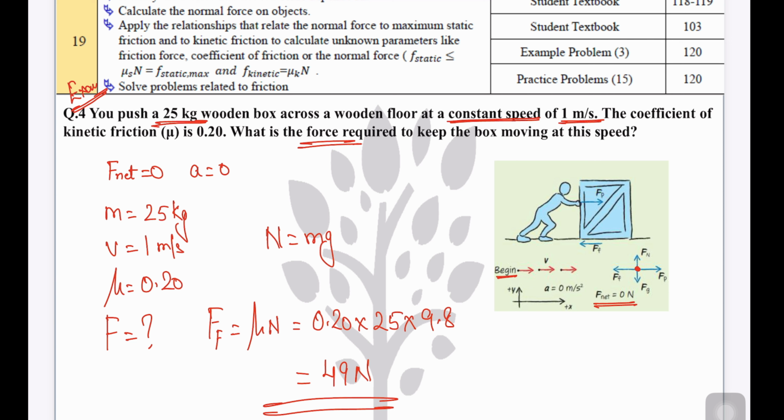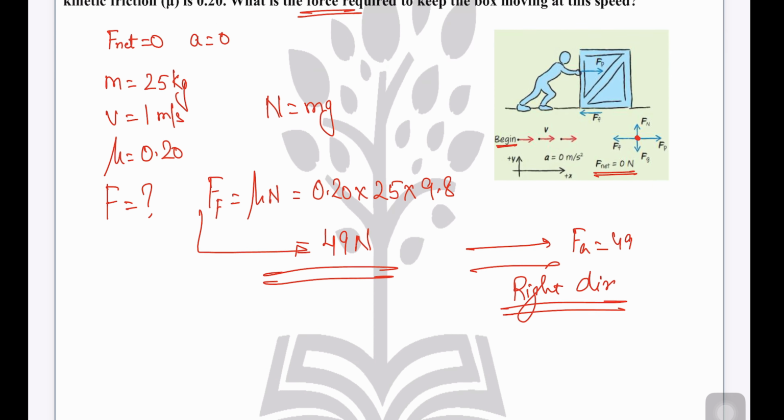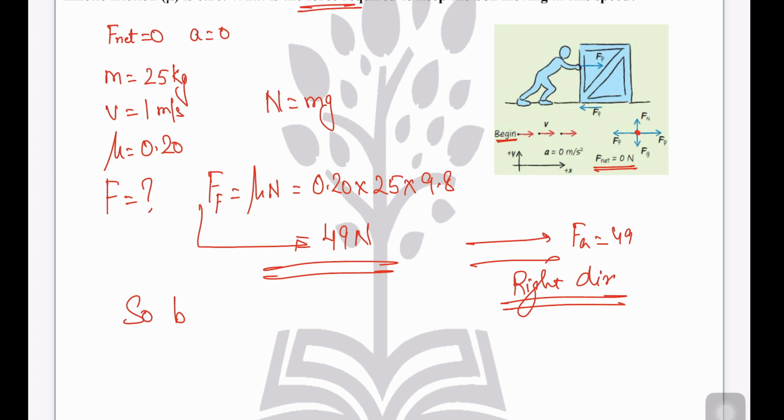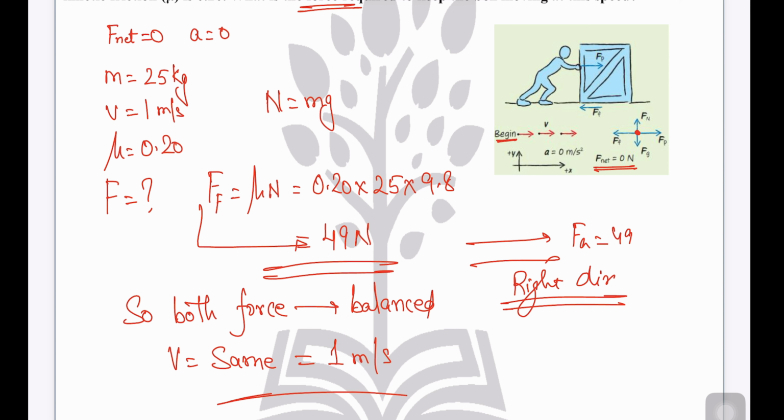Clear? So the force of friction is 49. So the person has to apply 49 Newtons in the right direction. So both forces will be balanced. Velocity remains the same, 1 meter per second.